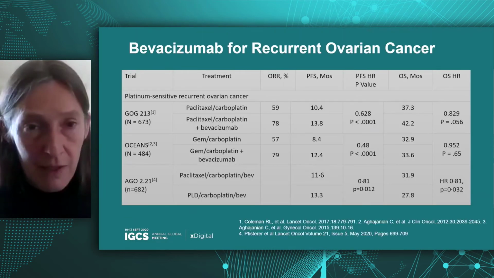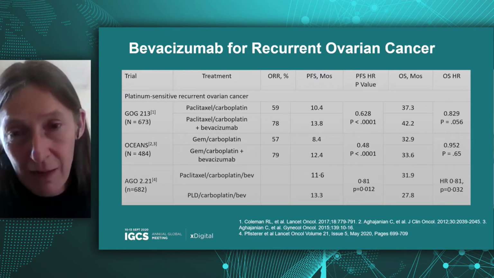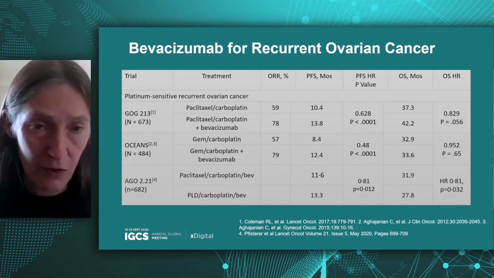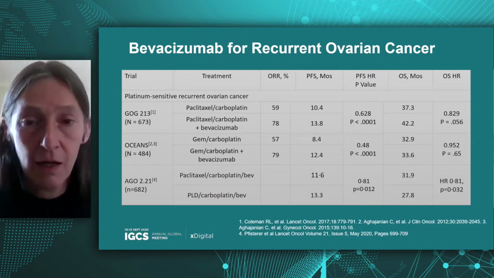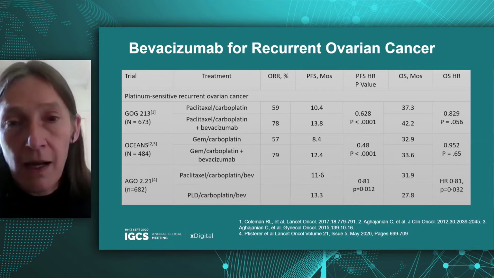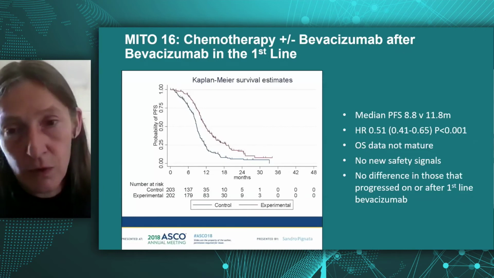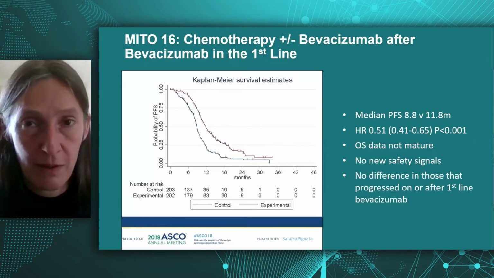So just back to bevacizumab, just as in the first line, we have good data in the relapse setting showing that bevacizumab does produce a modest but significant benefit. And the recent AGO study showed that bevacizumab can be combined with the carboplatin PLD regimen. And had she had Bev in the first line, the MITO16 study also shows that having Bev in the relapse setting can produce a similar benefit.